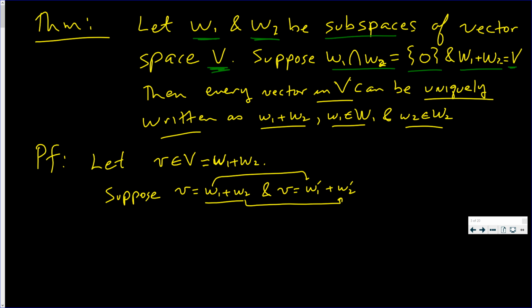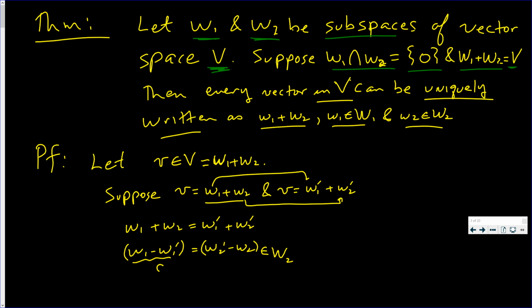Okay, so now if we equate these, w1 prime plus w2 prime, and we subtract in this way, now we clearly know that this is in W2. I meant to say W2.